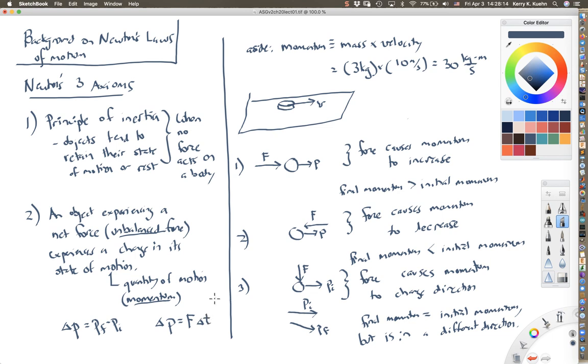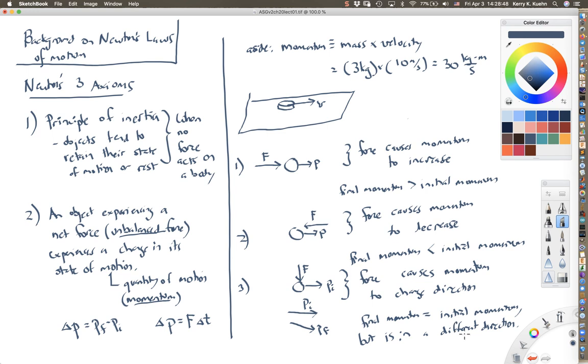For example, if I apply a force in case 1 of 1 Newton for 1 second, the change in momentum is going to be 1 Newton second. If you work it out, that has the same units of kilogram meters per second. Its change in momentum is going to be positive, its final momentum is going to be bigger than its initial momentum, and the amount it increases by is the product of the force and the time during which the force is applied.